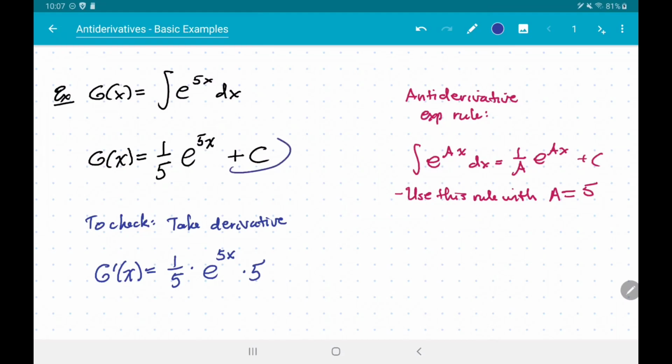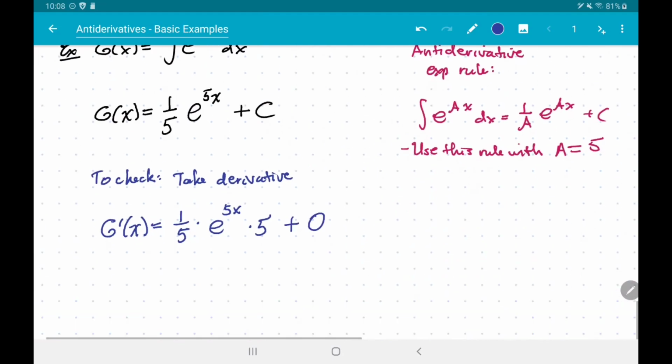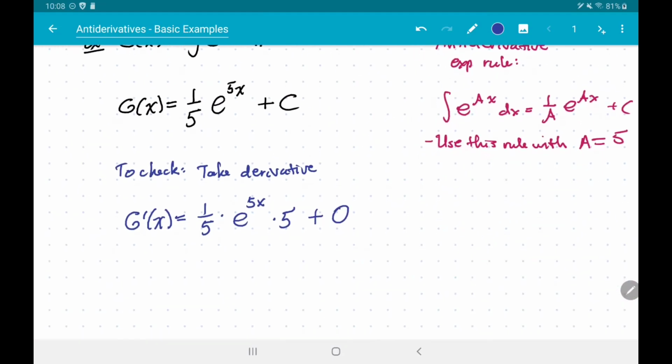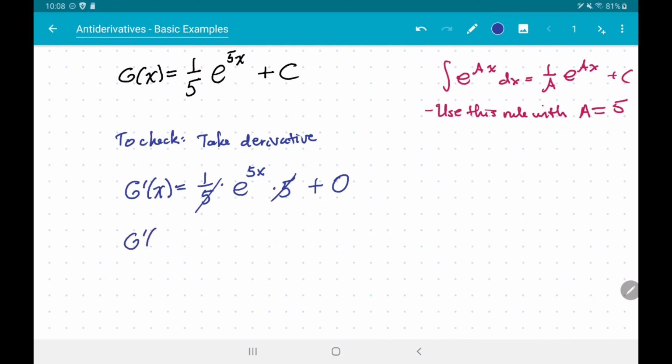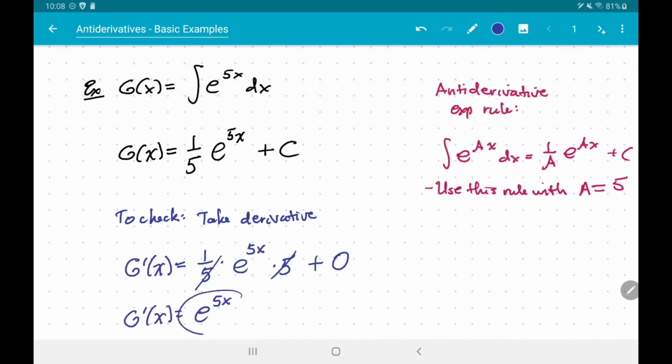And if you really want, the derivative of plus a constant contributes plus 0. But often we don't even bother writing the plus 0. And as I demonstrated before, the point of this 1/5 is it corrects for the chain rule. And we are left with g prime of x equals e to the 5x. And sure enough, this is exactly what was inside the integral symbol up here. And just to make it clear, that's the answer that we're looking for.